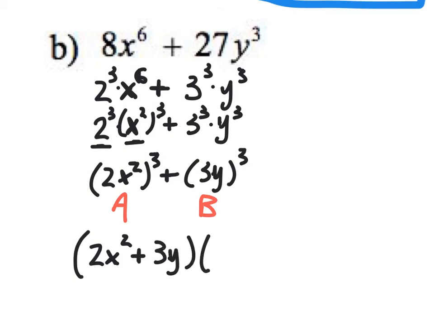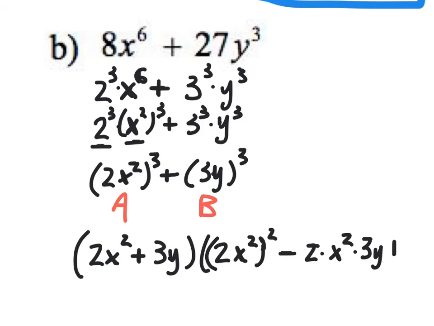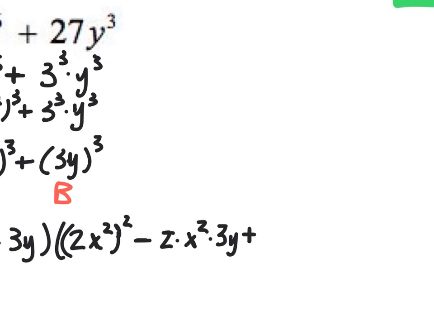Then on the next one, I'm going to do A squared, so that's 2x squared, this quantity squared, minus, opposite sign, A times B, so I've got 2 times x squared times 3y. And then always positive, we take our last term and square it, so 3y, squared. And we close that parenthesis.